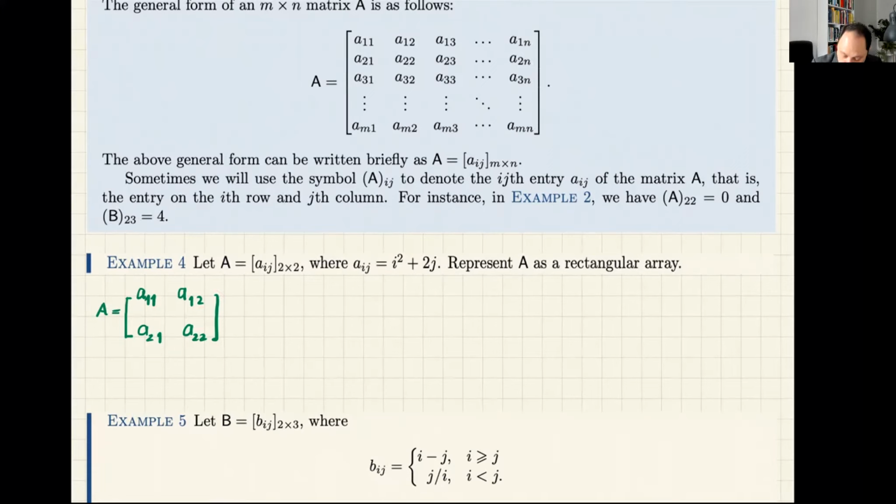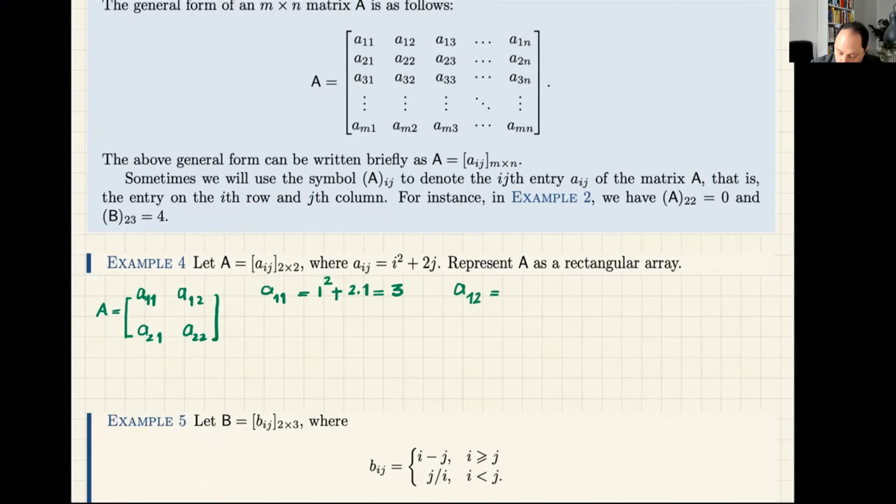So if I calculate A11, according to the rule given to me, here the row index is 1, the column index is 1 again. So this becomes the row index to power 2, plus 2 times the column index, added together. So if I calculate this, this becomes 3. And the next one is A sub 1, 2.